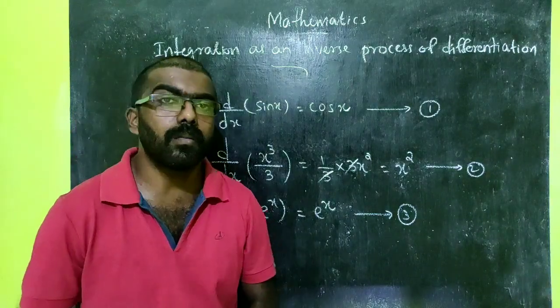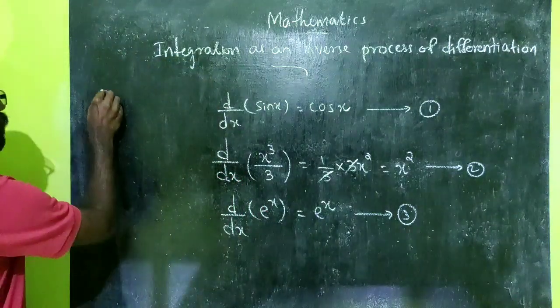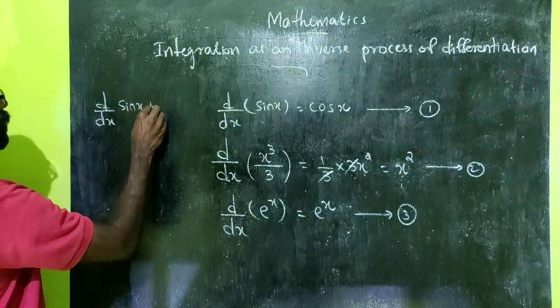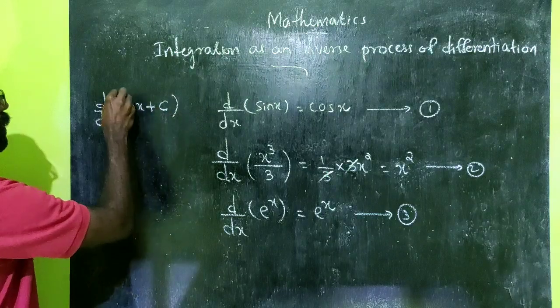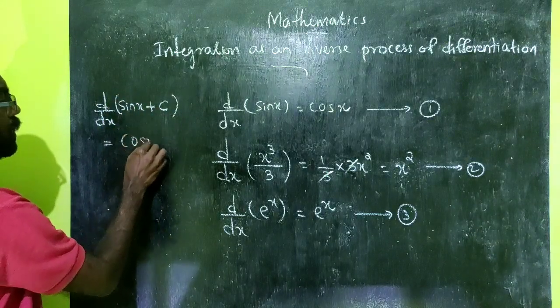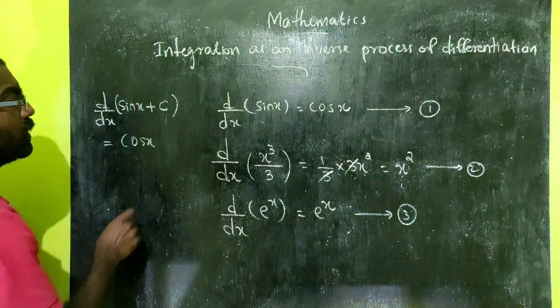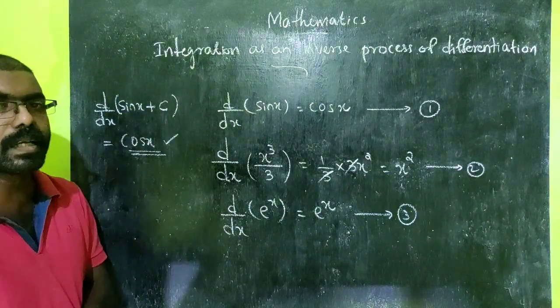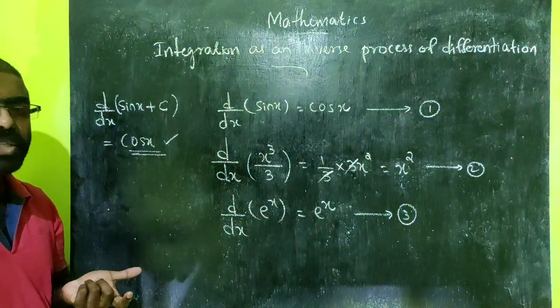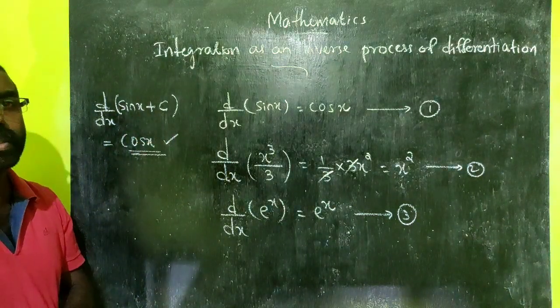That is why we say differentiation and integration are opposite processes, reverse operations. Now one more thing: if we find the derivative of sin x plus some arbitrary constant c, the derivative of sin x is cos x and the derivative of a constant is 0. So sin x plus c is also an antiderivative or integral of cos x.